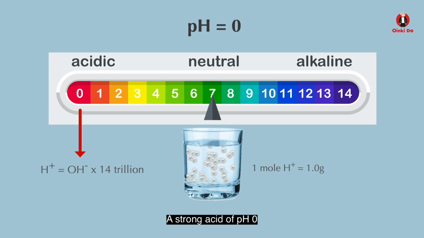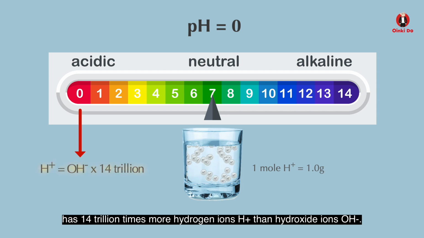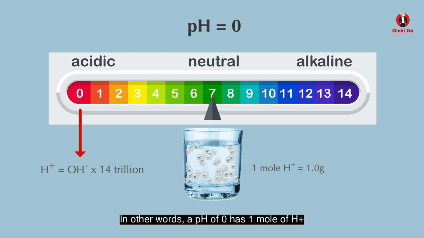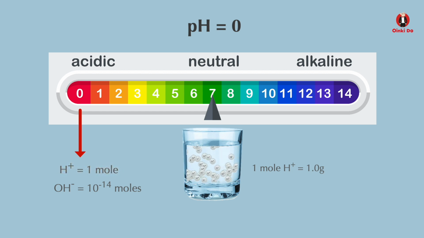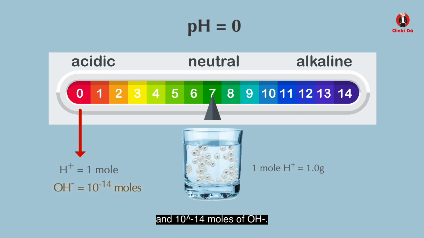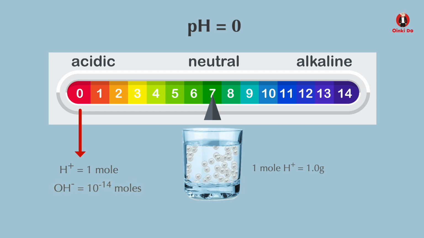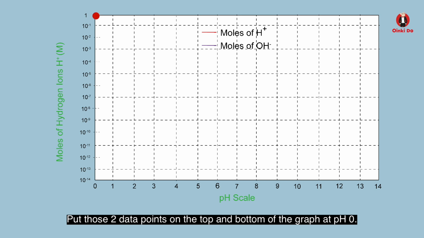A strong acid of pH 0 has 14 trillion times more hydrogen ions H+ than hydroxide ions OH-. In other words, a pH of 0 has 1 mole of H+ and 10 to the minus 14 moles of OH-. Put those two data points on the top and bottom of the graph at pH 0.